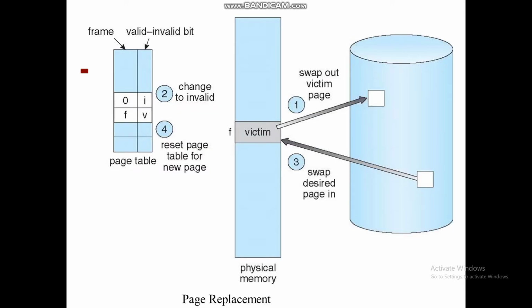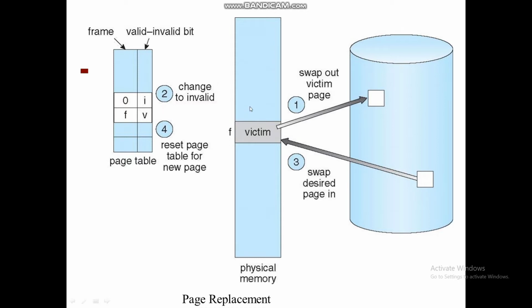Otherwise, what happens? Actually the situation is this: when we have a page fault, that is, a reference to an invalid page is made, then it has to be checked in the backing store and the page has to be loaded in the main memory, and the table has to be updated accordingly.